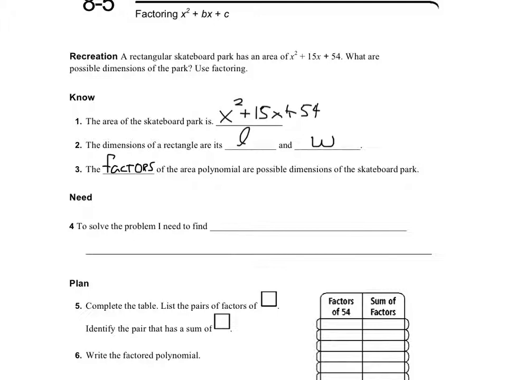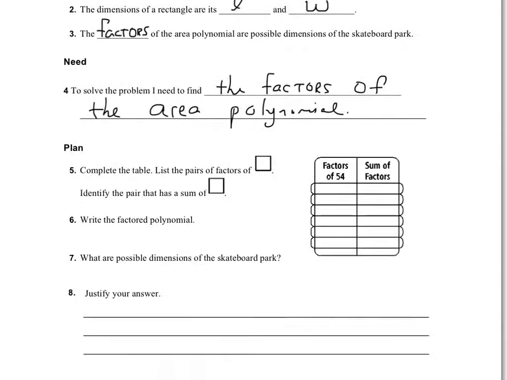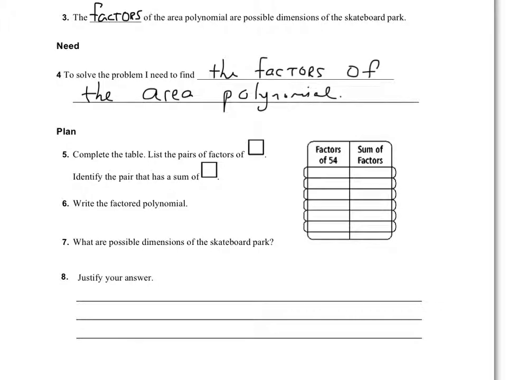So what we need is to find the factors of the area polynomial. So we're going to complete this table and list the factors of that rectangle.